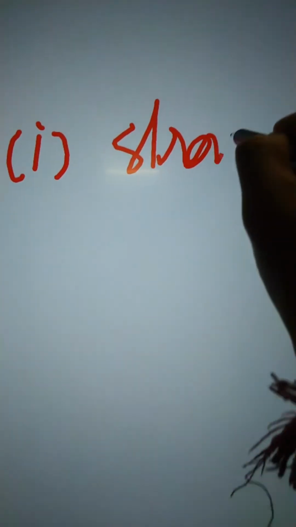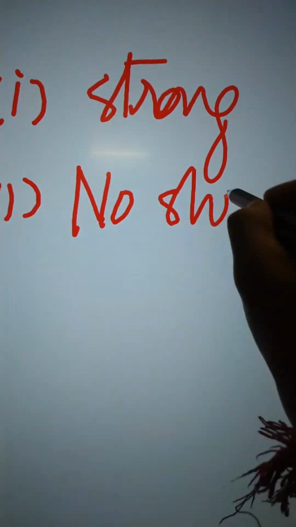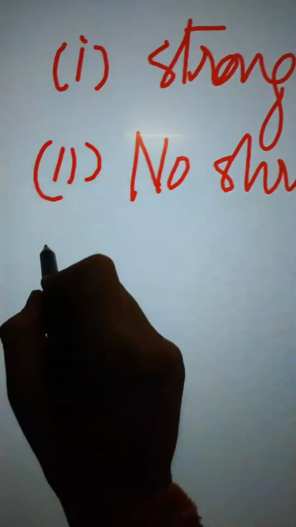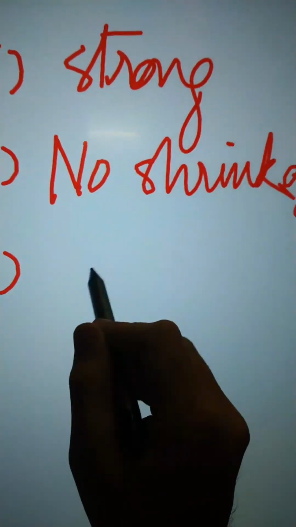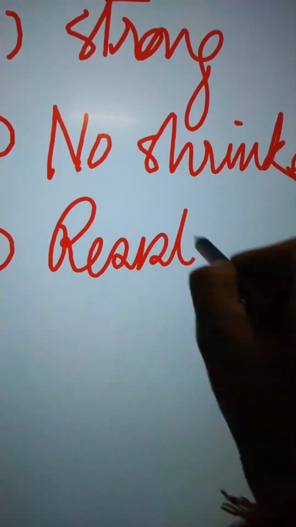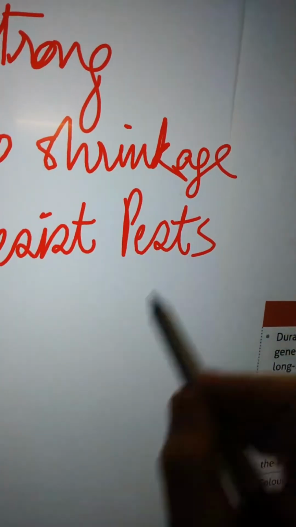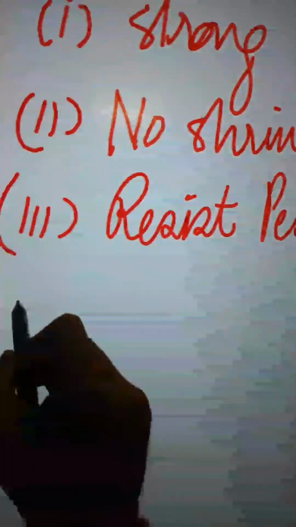First, you can say that they are strong. Synthetic fibers are strong, remember one word and you can write. Then you can write no shrinking. There is no shrinkage. Third, you can say they all resist pests, meaning the insects do not affect them.